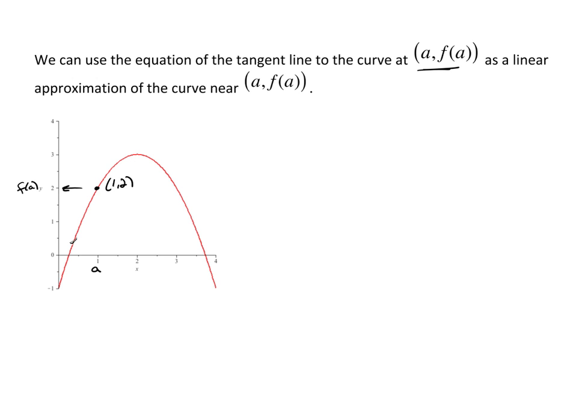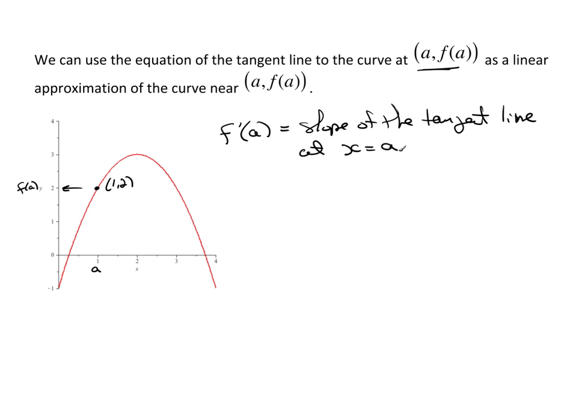If I have the equation of this function, which I actually do have, and I take the derivative, if I find f prime of a, that's going to be the slope of the tangent line at x equals a, in this case 1. So now I know the slope, it's f prime of a. I know a point. That point is (a, f(a)).